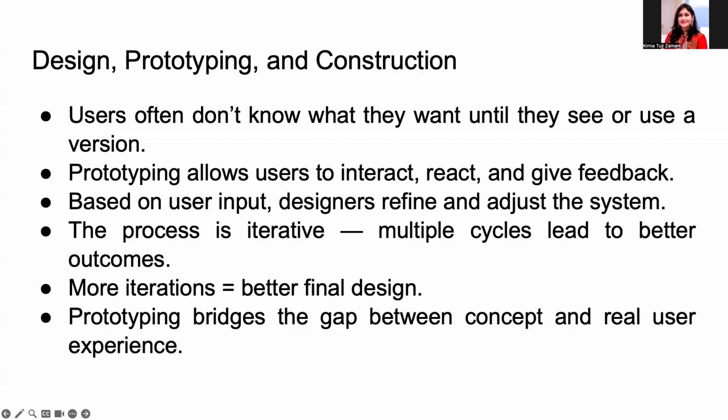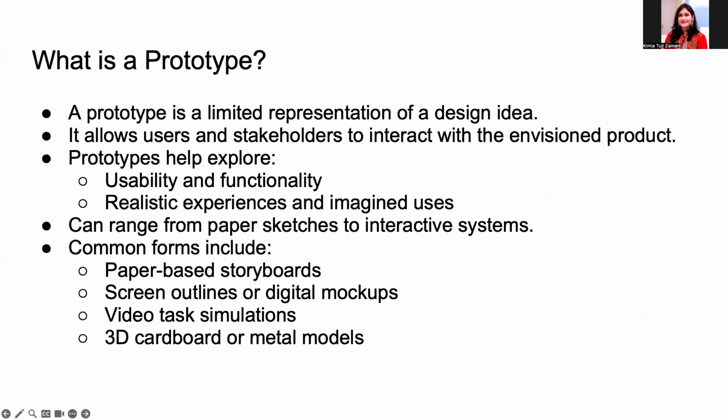The principle is simple. The more you iterate, the closer you get to a product that truly fits the user's need. So, in essence, prototyping and construction turn abstract ideas into real testable forms and serve as the foundation of creating interactive systems that are both functional and user friendly.